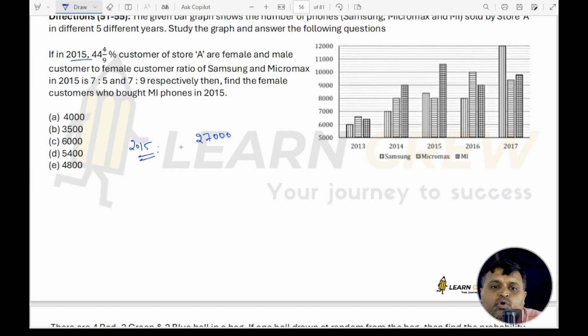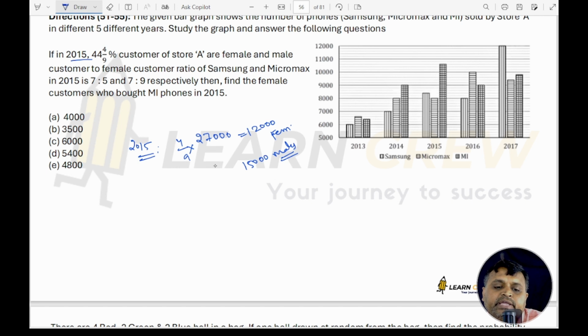And 4 by 9th of this, 44 4/9 percentage means 4 by 9. 4 by 9th of this means how much? 12,000. So 12,000 are given as females. 12,000 are females means 15,000 are males.